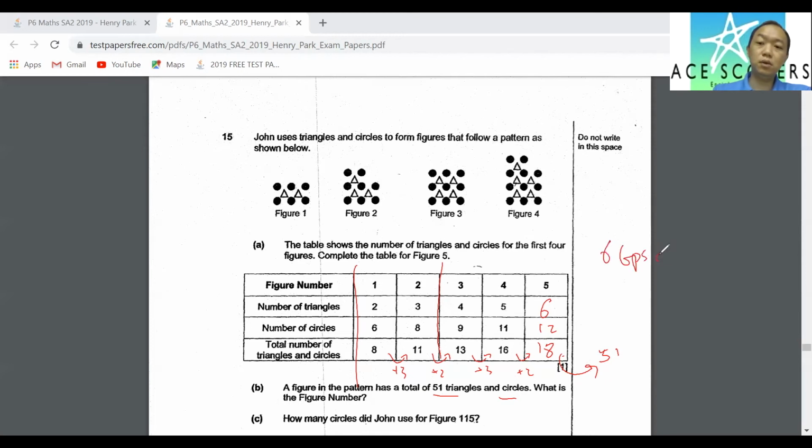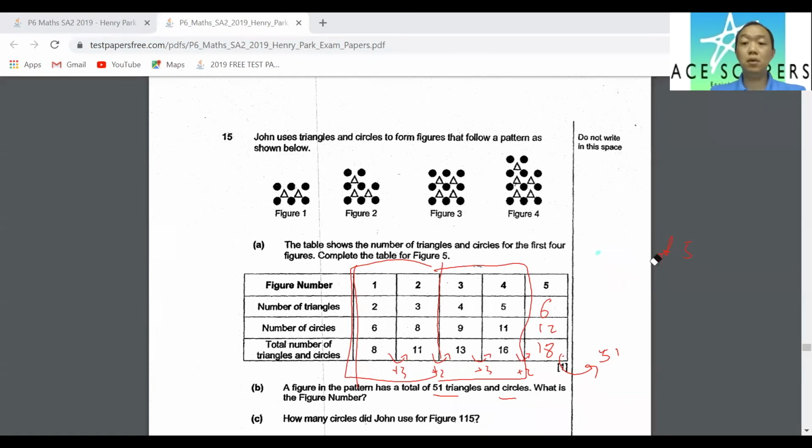6 groups of 5. Okay, this is called one group of 5. Yeah, so 6 groups of 5 from, oh, I know, it's actually 7 groups of 5 from 16.